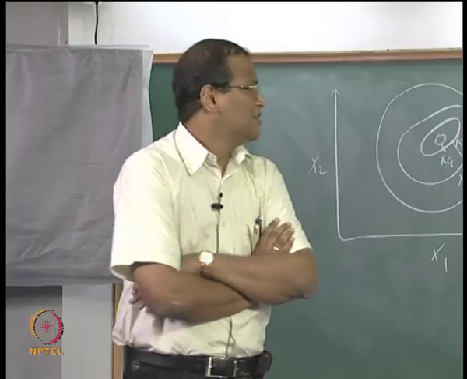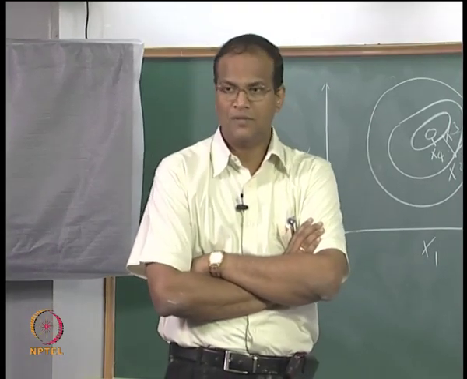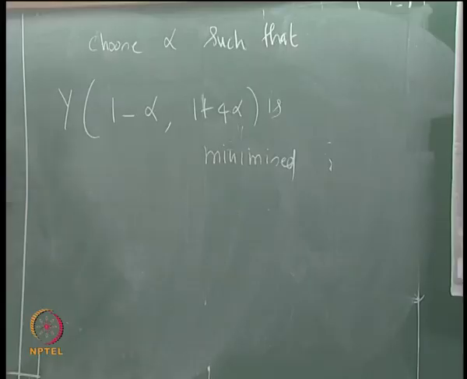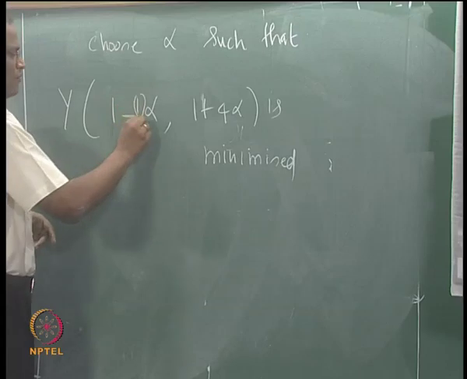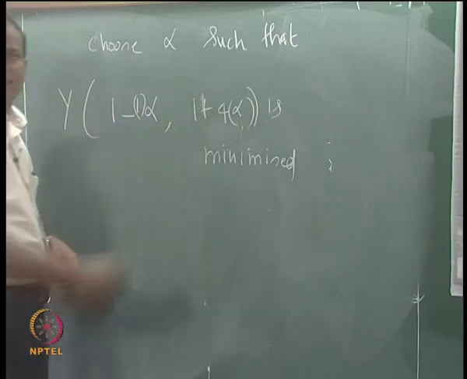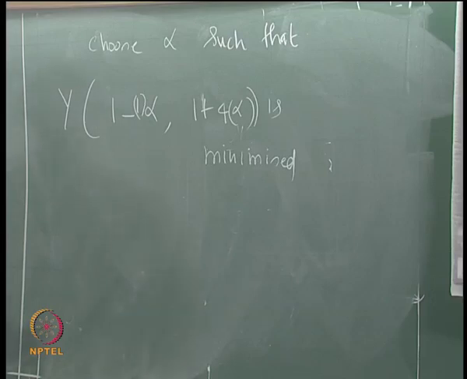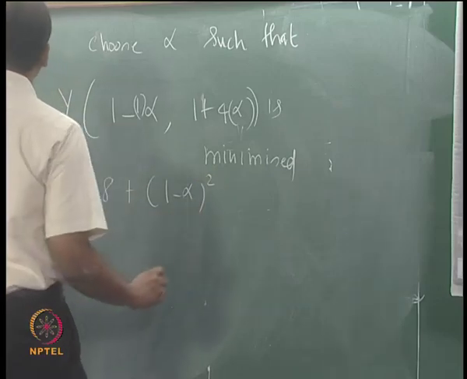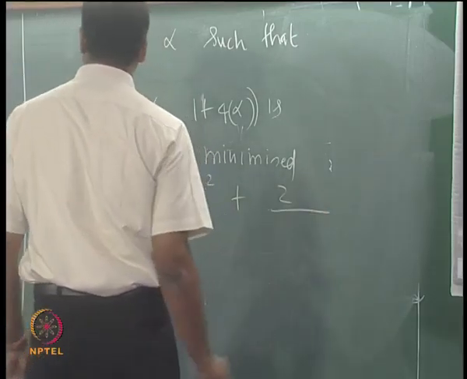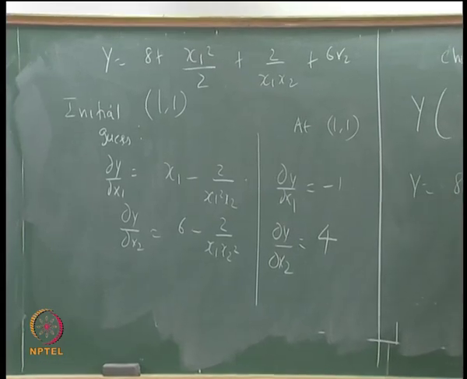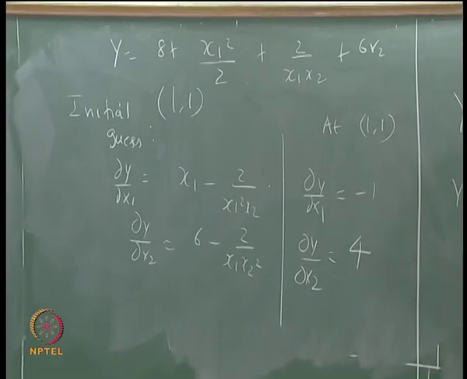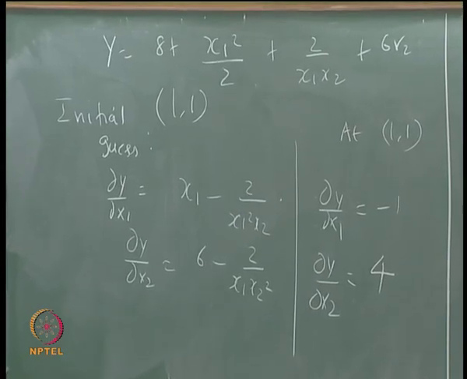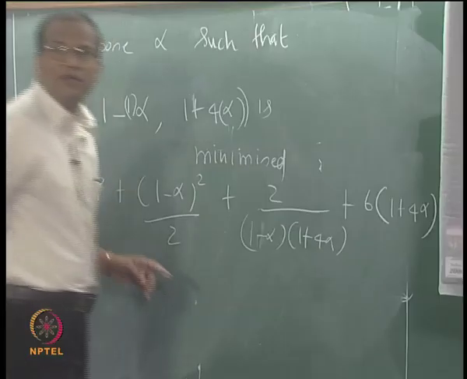So x new will be x old plus delta x1, that is alpha times dy by dx1, minus 1, alpha times dy by dx2. Now I will say y equal to, solve it for alpha.